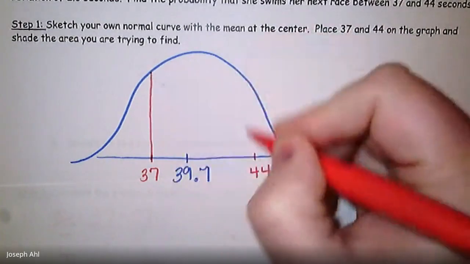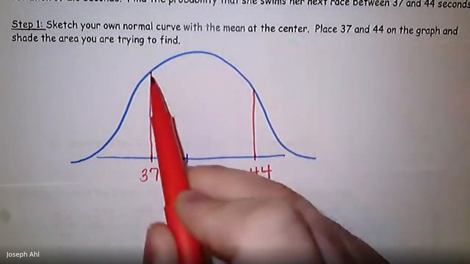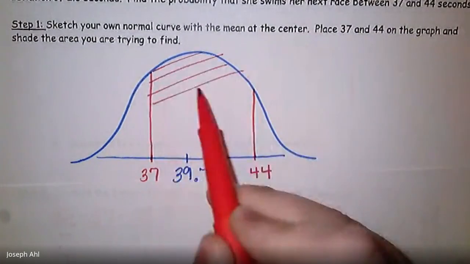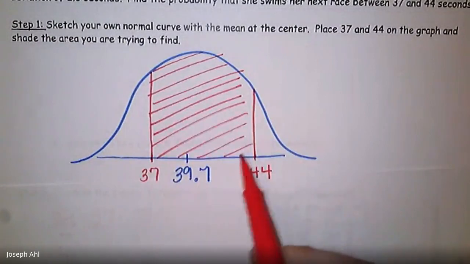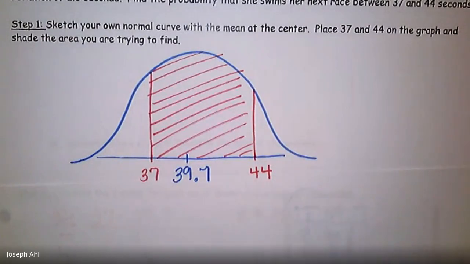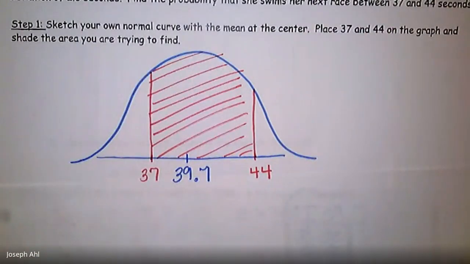You're going to trace up to the curve, and the shading part is the area underneath the curve. And we can't necessarily use the chart that we were just looking at because these values don't fall at nice, that's my air quotes, nice standard deviations from the mean. If they did, I could certainly go back to that chart.